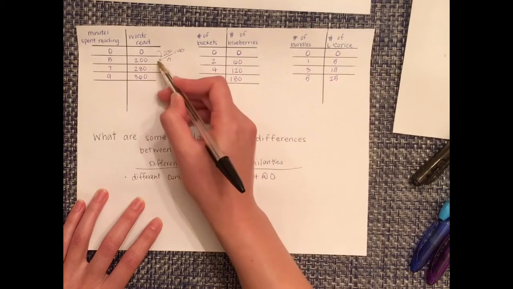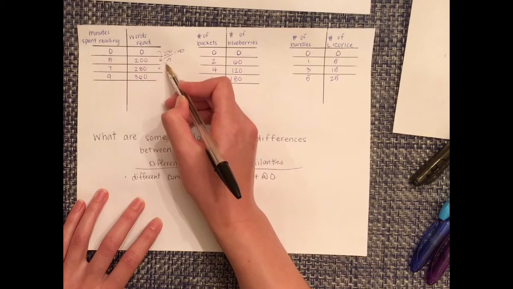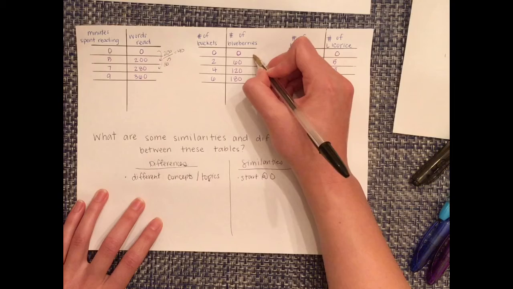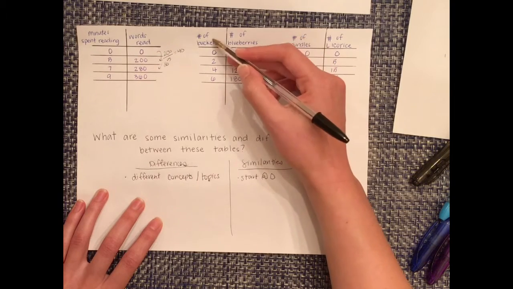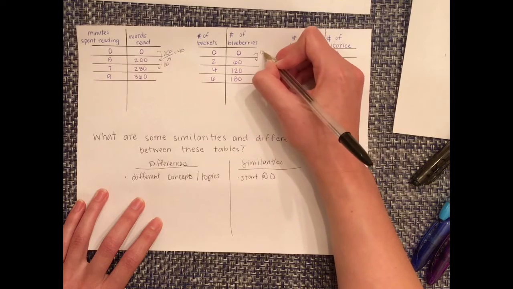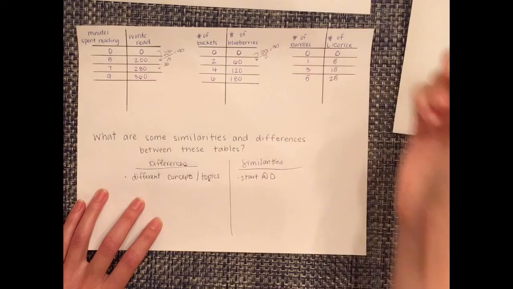Or maybe they realize this one's growing by 80 between 2. Same for this one, they could realize, oh, to go from 0 buckets to 2 buckets, it grows by 60, and divided by 2 is equal to 30.